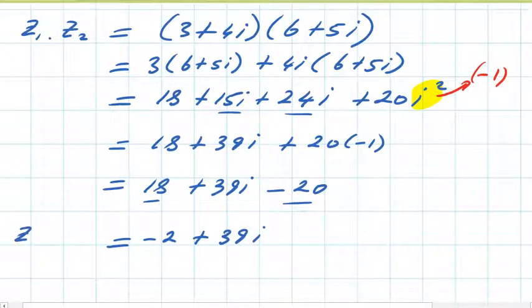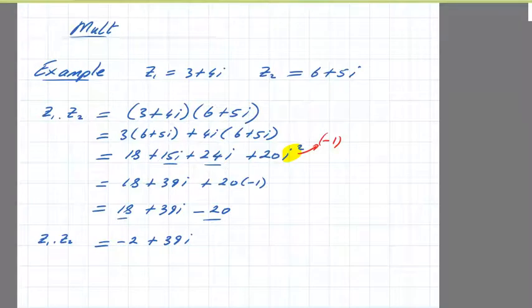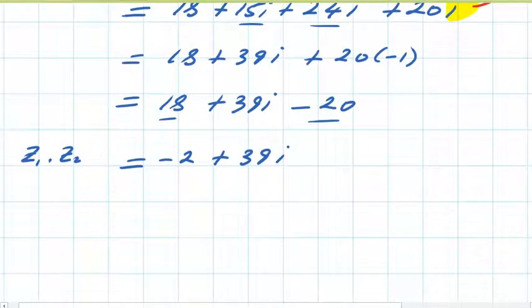And that's it. That's z1 multiplied by z2. So you treat it just like any algebra, like x's, until you get to i squared. That's the only difference. i squared becomes minus 1. And then at the end, you keep the real parts together and imaginary parts together, and you end up with another complex number with a real part and an imaginary part.